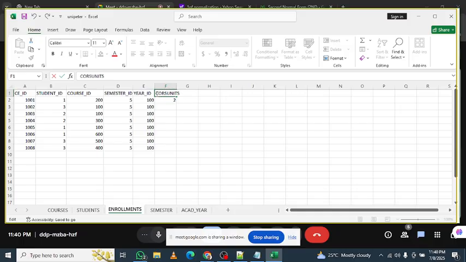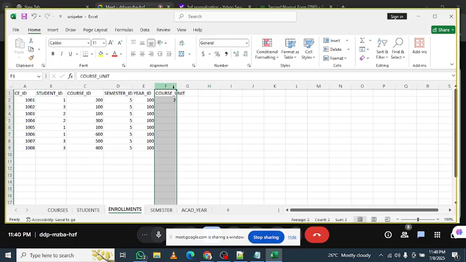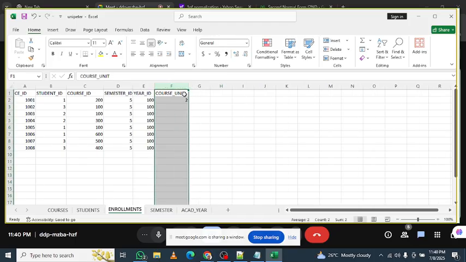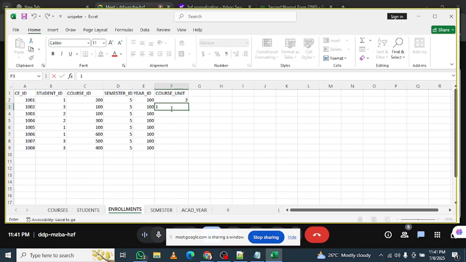Course unit. Okay, so all the 100 courses, because these students are the same set, let me say they are 3 units.